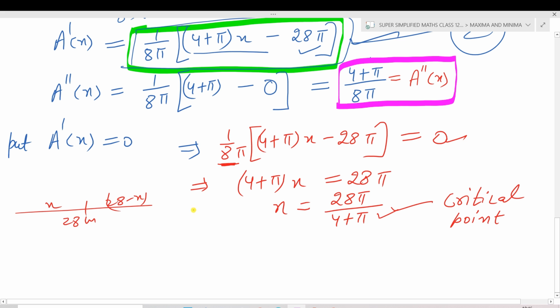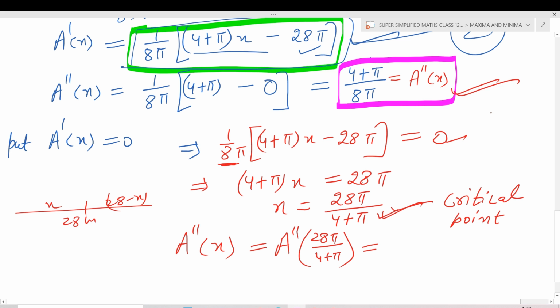The process of checking is that we put this value of x in A double dash x. So A double dash we find at this value of x, 28 pi upon 4 plus pi. Now you can see this is the expression for A double dash. So A double dash is going to remain the same because it was a constant, and this value is also greater than 0.